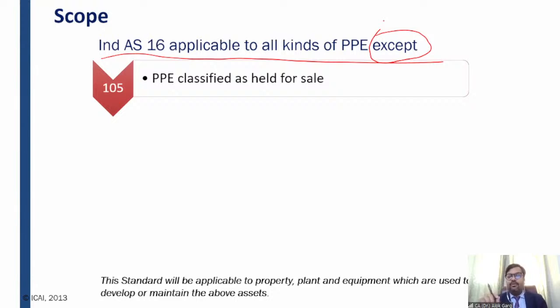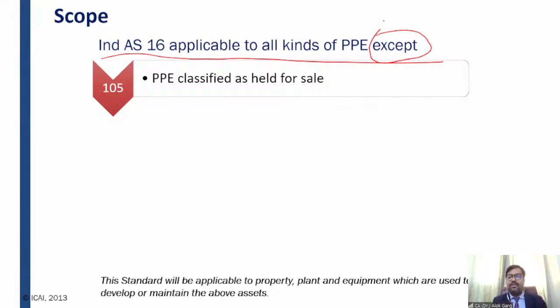If I talk about Infosys Limited, Infosys is an IT company, right? So if Infosys purchases a car from Maruti, whether this car in the books of Infosys is inventory or property, plant and equipment? In the books of Maruti, these cars are inventory.